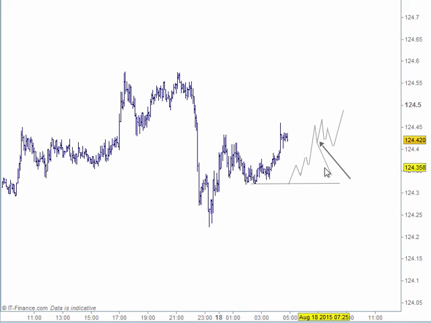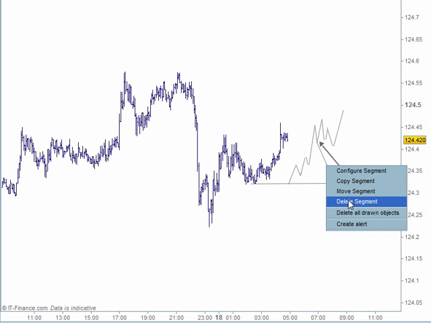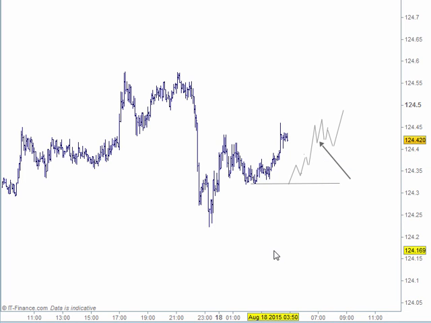But either way, we just got to look for a short situation here. So that top of wave 1 here and the balance line in here. So 124.40 as a retested resistance here would be a short trade from that point there.